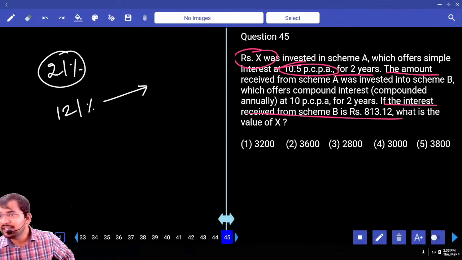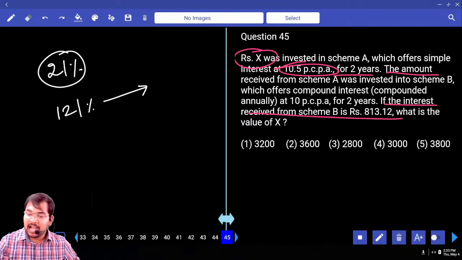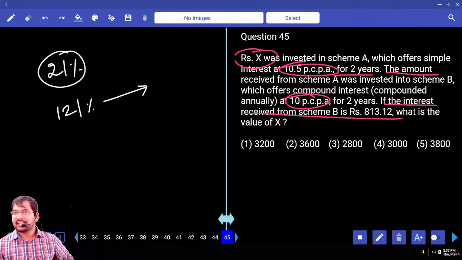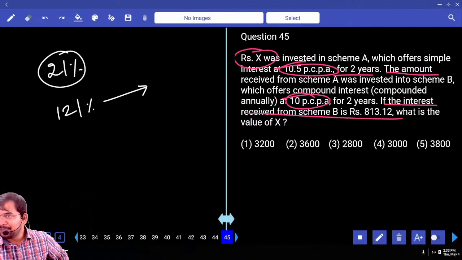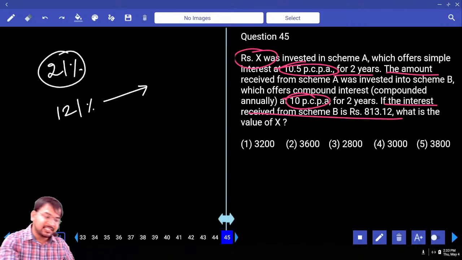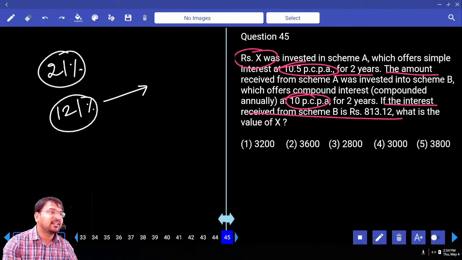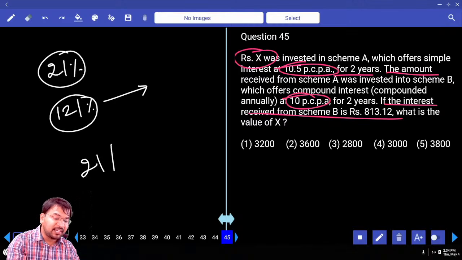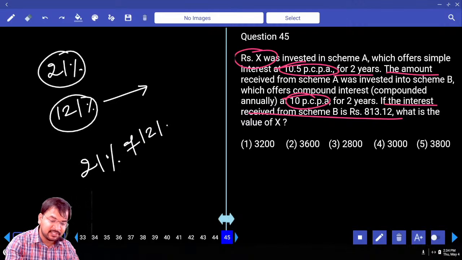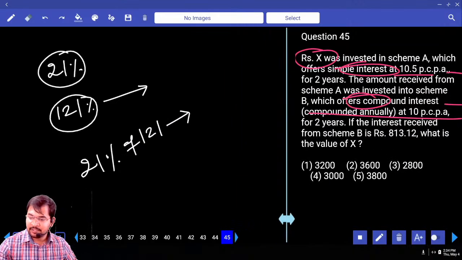Compound interest is how much? 10% for 1 year, second year 10% plus 10% of 10% is 1, together 21%. On this 121 again you have to calculate 21%. 21% of 121 is how much?